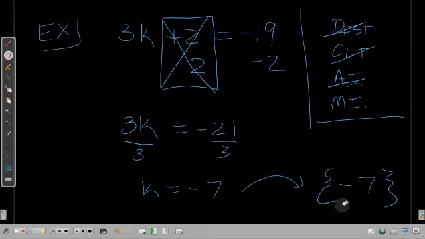Minus 7 is the only point on the number line that if I took it and put it right here for k, then the equation would be true. 3 times minus 7 plus 2 really is negative 19. This is my solution set.